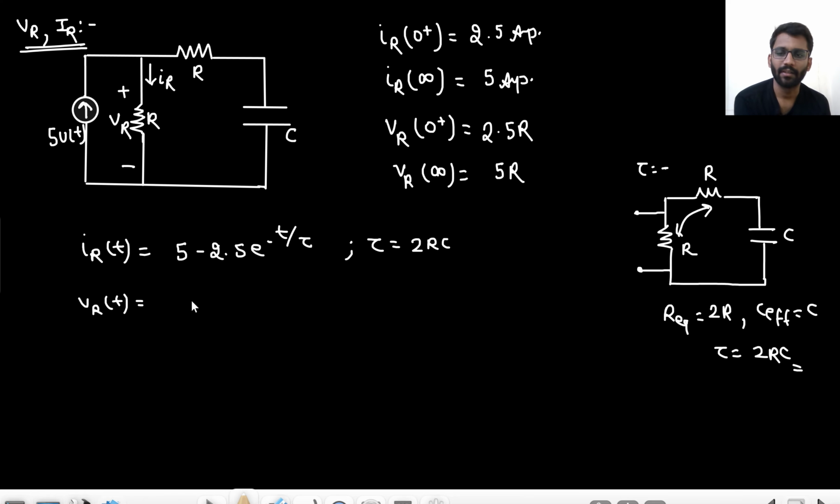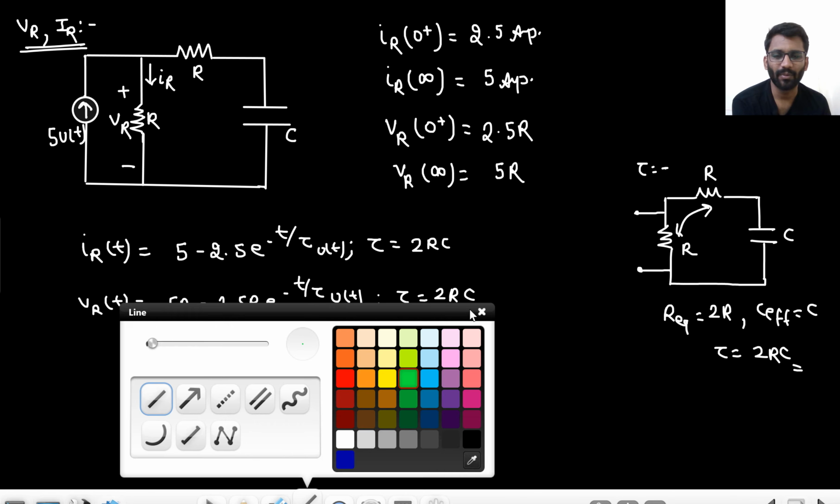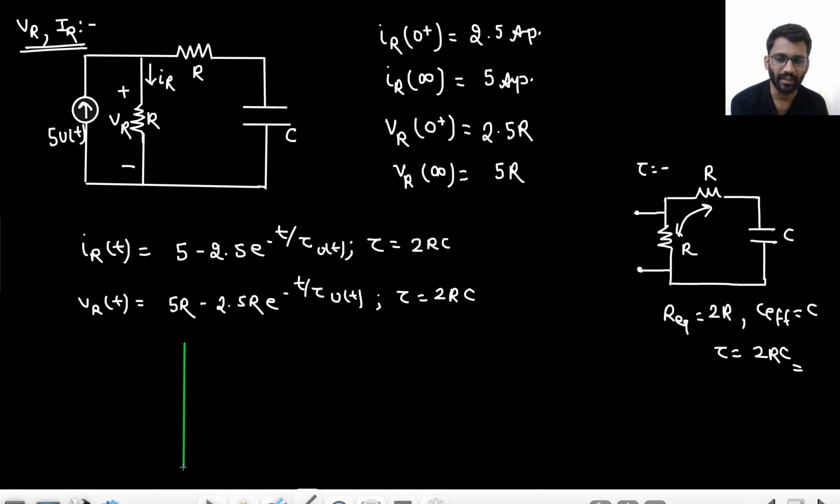What about VR(t)? It would be the same, just R will be there, nothing else. So 5R minus 2.5R e to the power minus t upon 2RC, u(t). Of course, u(t) will be there with time constant being 2RC. I will just make one waveform, no need to make both of the waveforms VR and IR. I will just make the waveform of IR.